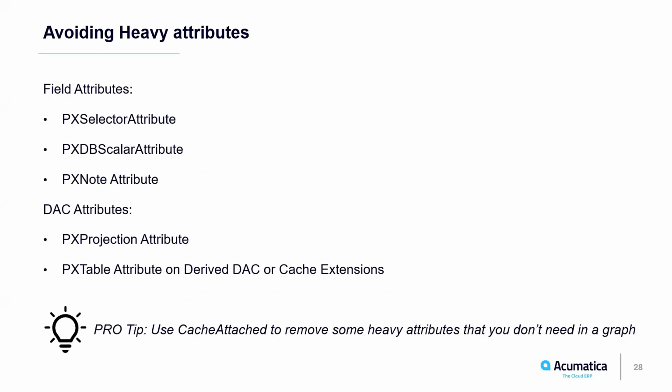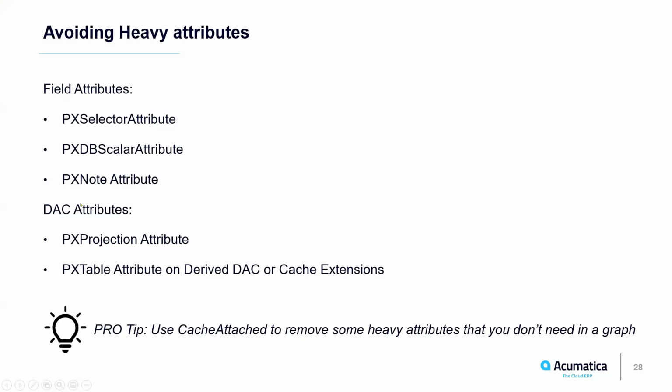Thus, it may end up being very slow, and you may need to try to remove those attributes. And a tip here, if you don't need some attributes in some particular graph, you can use CacheAttached event, and you can remove some of the attributes from the fields to make it lighter and to make it work faster.